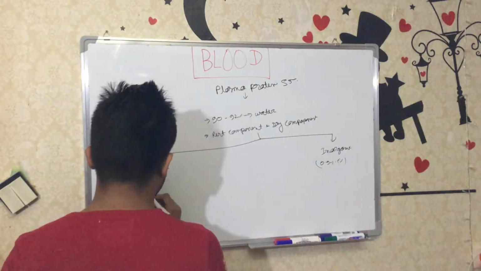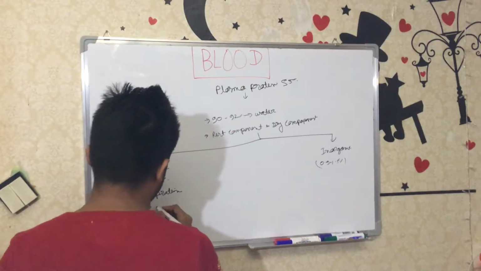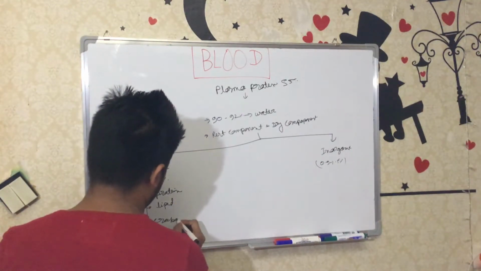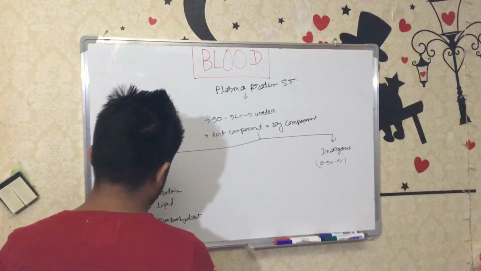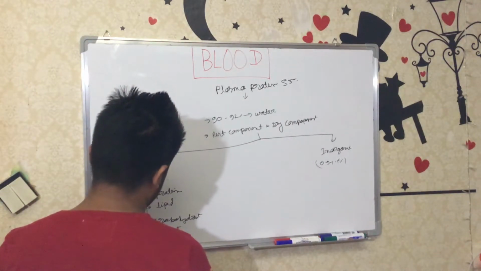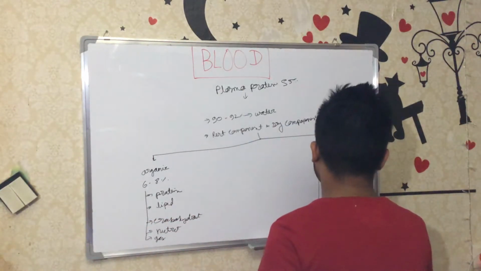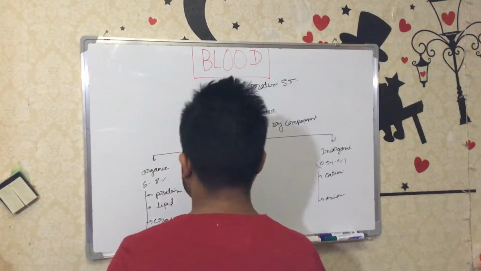The organic substance is mainly protein, lipid, carbohydrate, nutrients, then some other things like some gas and some electrolytes. The inorganic compound is divided into cation and anion. So let's discuss protein.